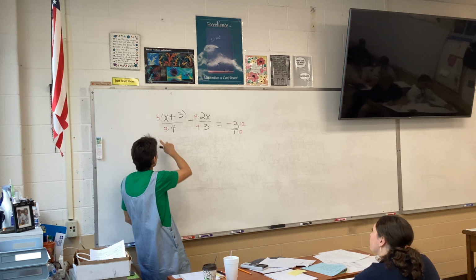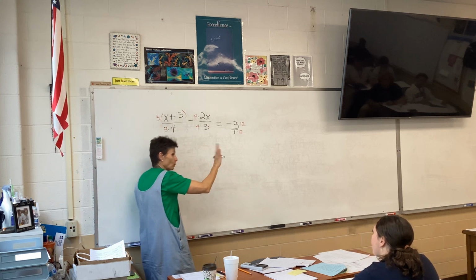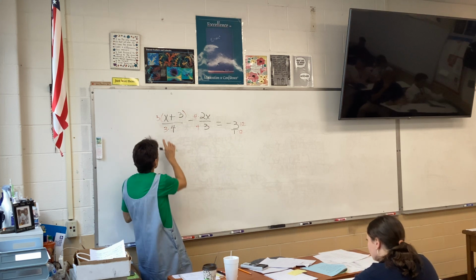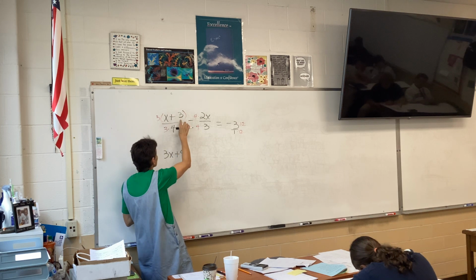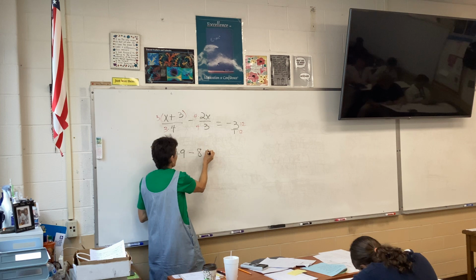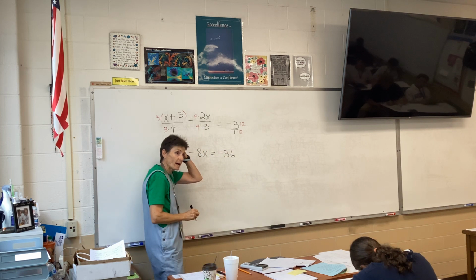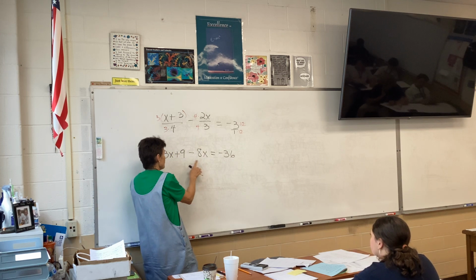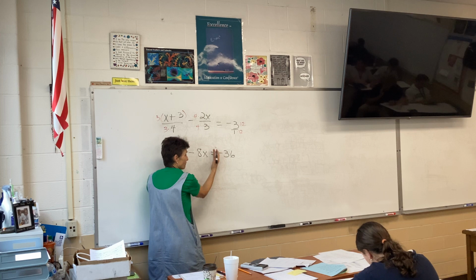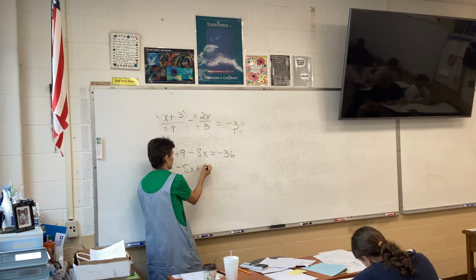Okay, so here we go. Now, are they all 12 now? Yes. So I'm not gonna write them down anymore, I'm done with those. So 3x plus 9, distributive, minus 8x equals negative 36. You okay with that? Yep. These two are on the same side of the wall, so we add them together, negative 5x.